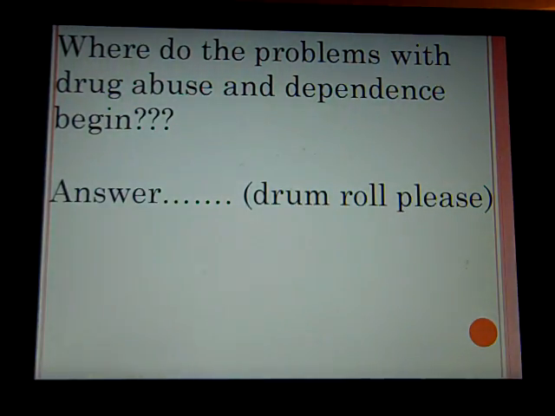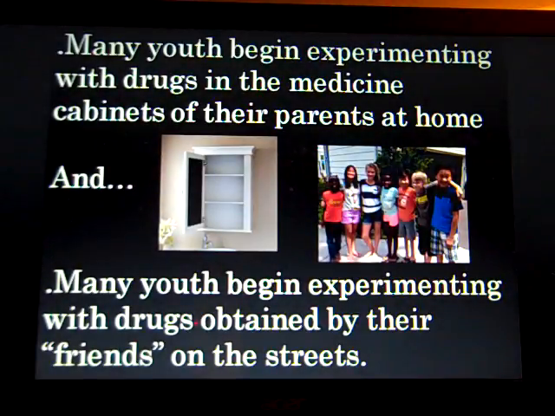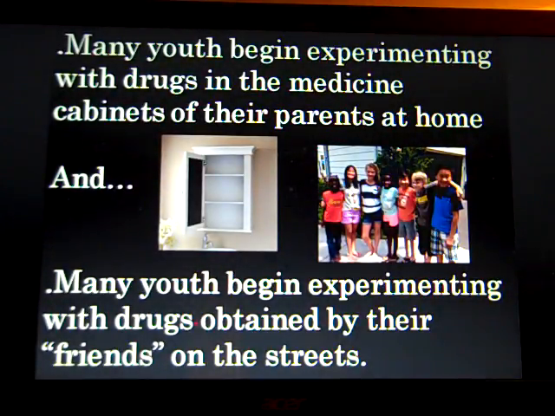So where do the problems with drug abuse and dependence begin? Well, as you might imagine, it begins with the youth in society. It starts at a young age. You might be surprised to find out that many young people, I'm talking about children as early as grade school, middle school, start experimenting with drugs in the medicine cabinets of their parents' homes where they live. They go through, they find stuff, they experiment, with access to the internet and social media being prevalent.